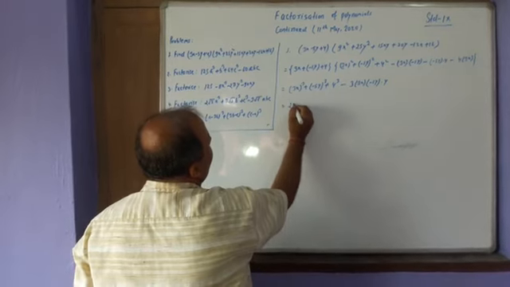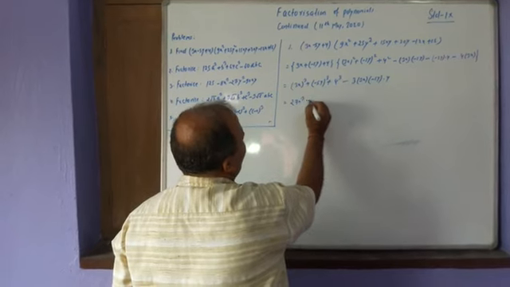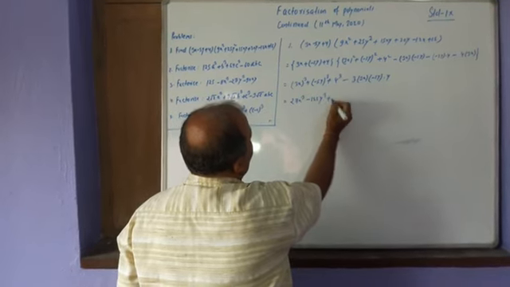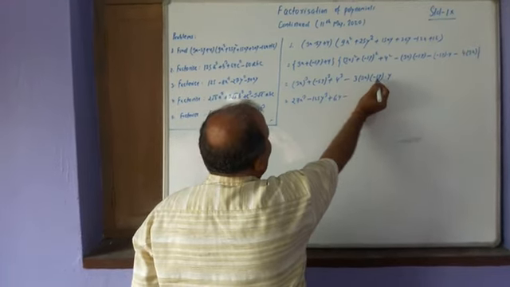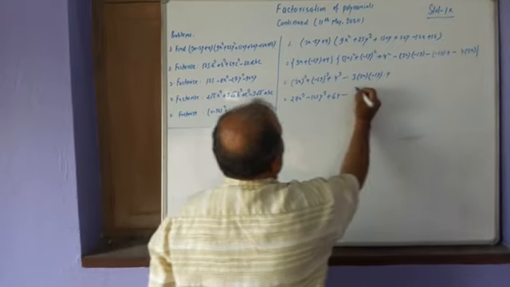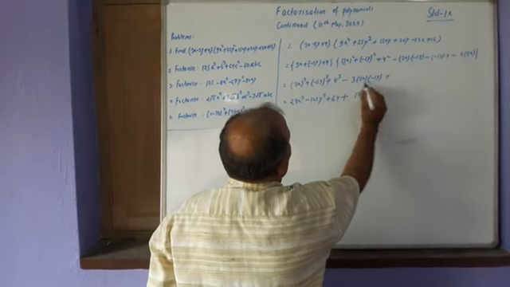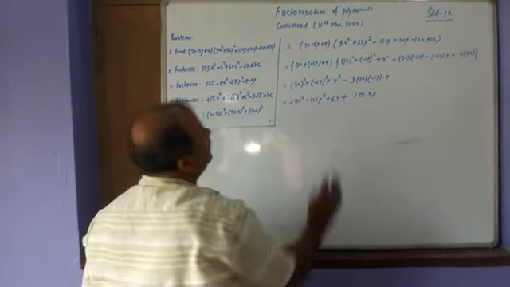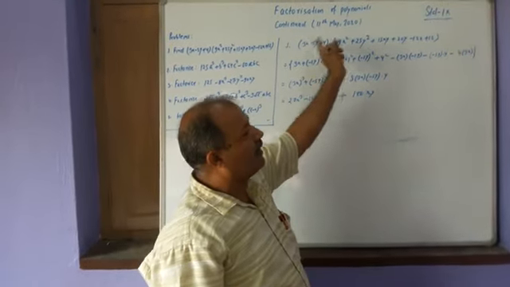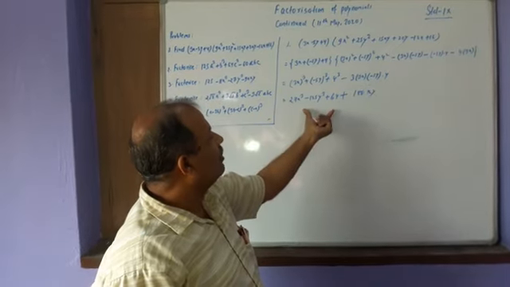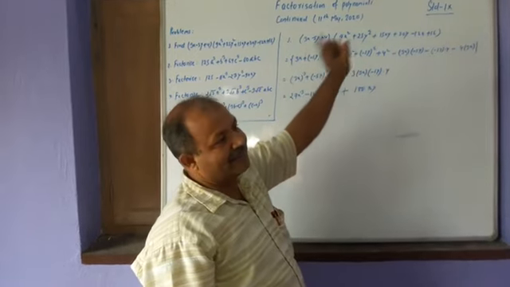In this way: 27x cube minus 125y cube plus 64, then 3 times 3 is 9, times 5 is 45, times 4 is 180, minus minus plus, xy. This will be the expanded form; this is the product of these two factors. This expression is obtained after finding the product of these two factors.